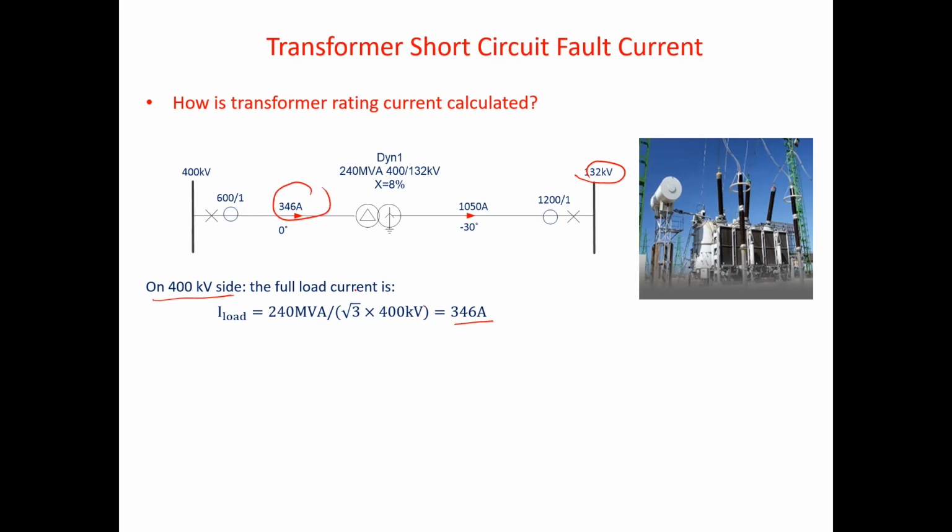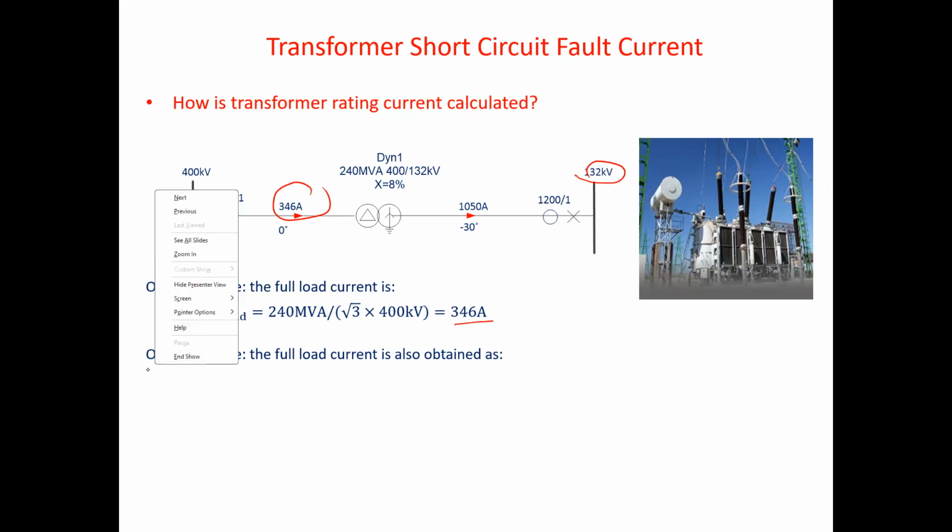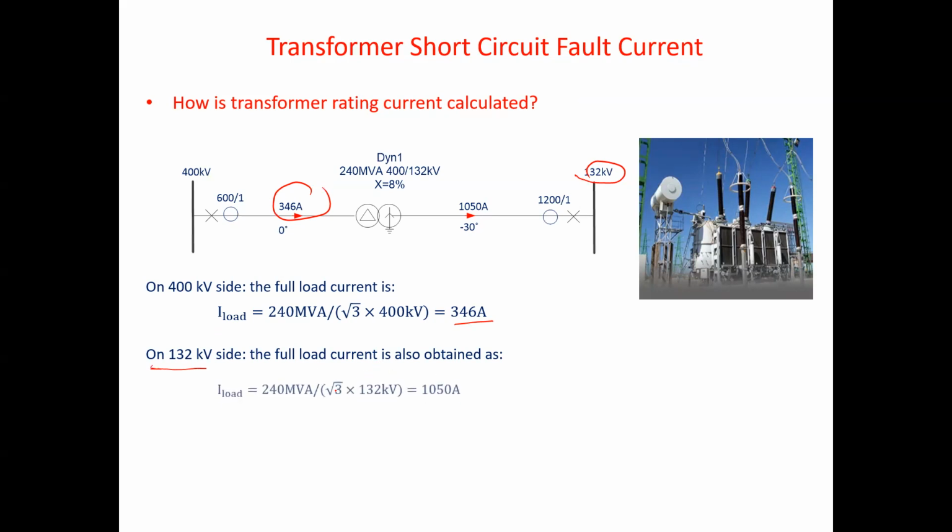And then on the 132 kV, which is the LV side, the full load current is also obtained with the same formula, which is 1050.